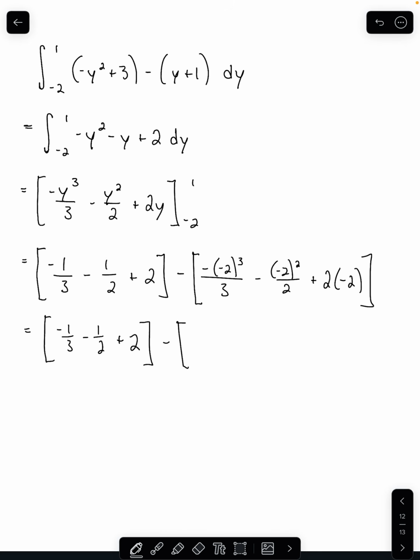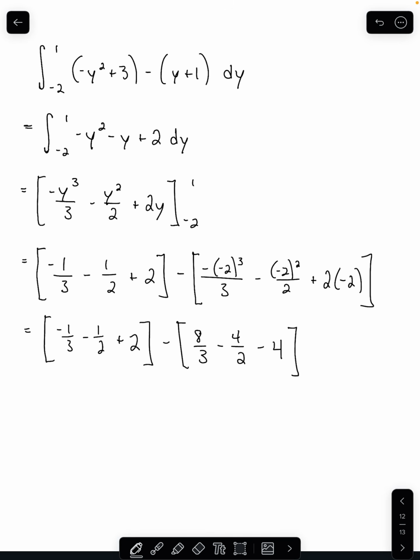In this second set of brackets then, negative 2 cubed is negative 8. Then, times the negative in front of it makes it positive 8. Negative 2 squared is positive 4. And 2 times negative 2 is negative 4.